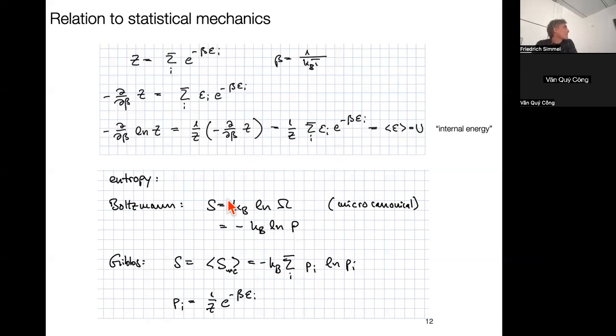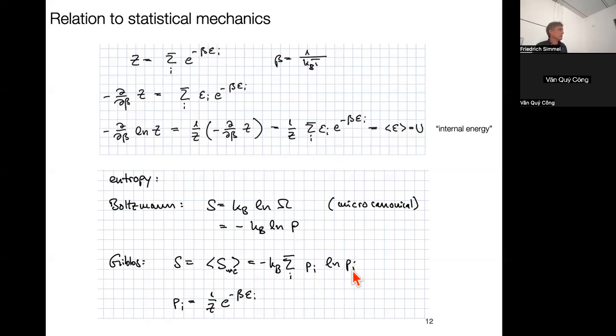Now in the Gibbs ensemble, you look at a quantity that is the average entropy, and that's given in principle by this expression.